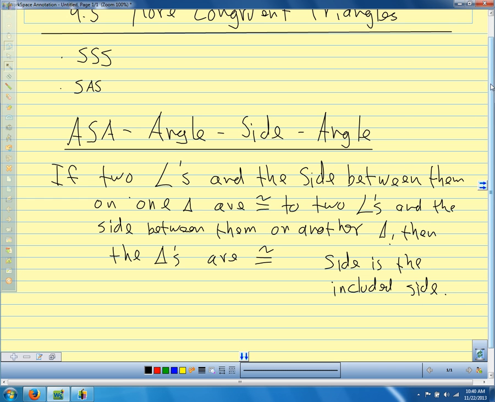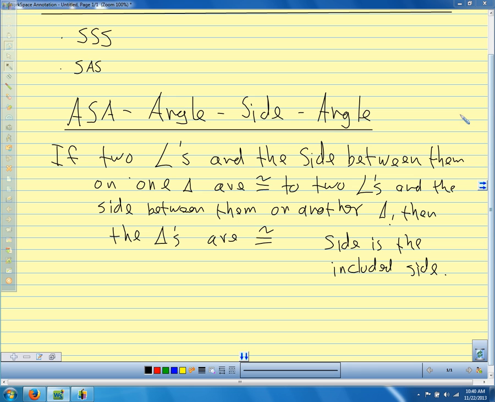And if we want to fill in our picture, mark our picture on our graphic organizer, the picture looks kind of like this. For angle side angle, our triangles would be marked like so.